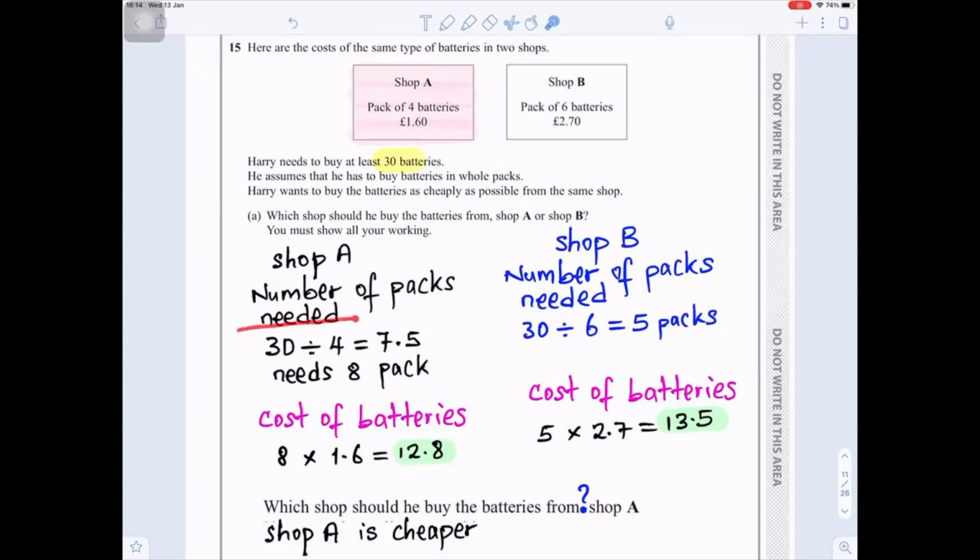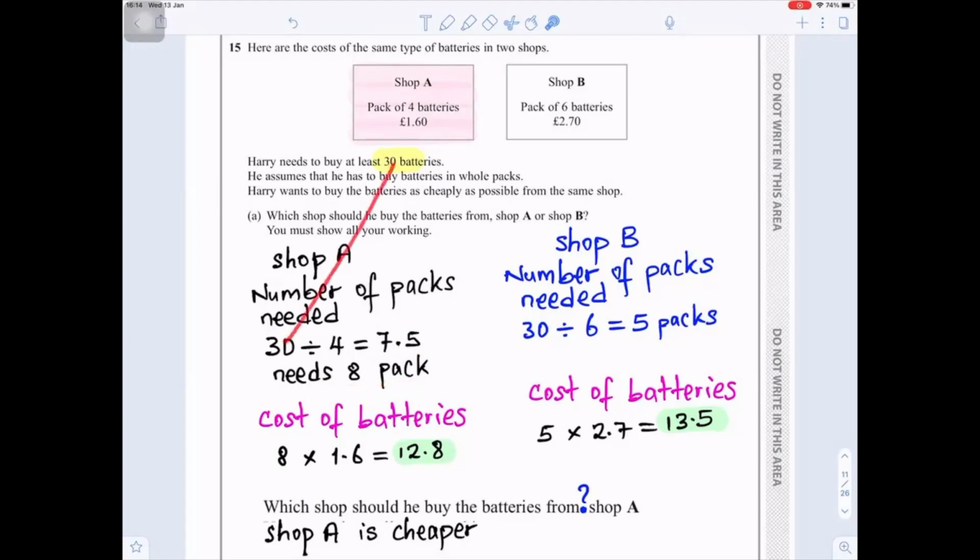Number of packs needed for shop A. You need 30 batteries, and shop A sells packs of 4. So 30 divided by 4 gives you 7.5. You would have to buy 8 packs because you cannot buy 0.5 of a pack.